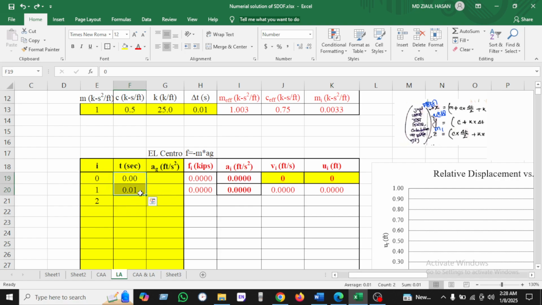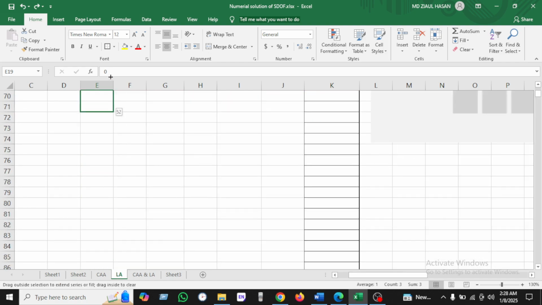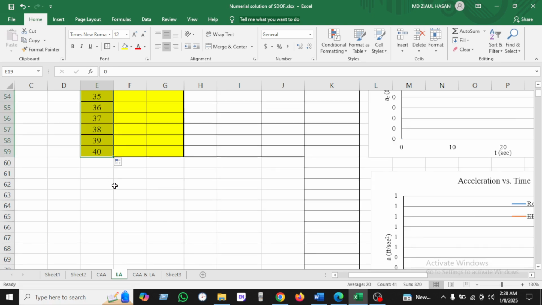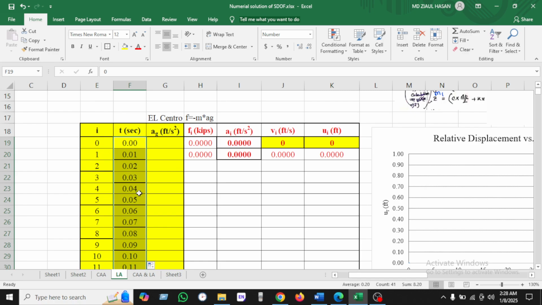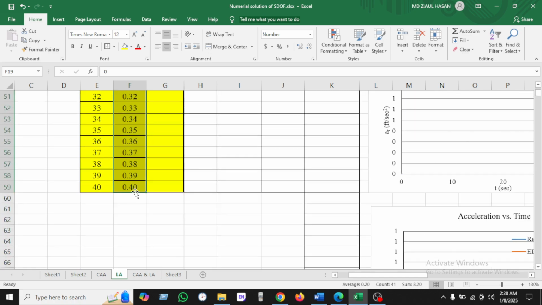What is needed is how many intervals you have taken. I have been seeing here, I'm just dragging. This is 40 steps, and how many steps we will take I don't know. It is calculating 40 steps only.